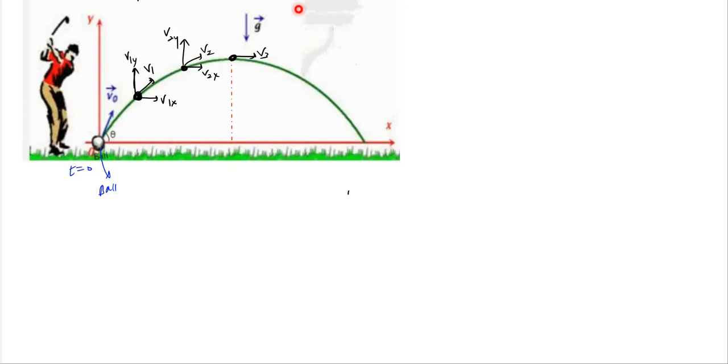Only the horizontal component will be there. Fine. Then after some time, the ball will start descending. It will have velocity v4. I'll resolve it: v4x, v4y. This will be v5, v5x, v5y. And finally, it strikes the ground with the same speed u.